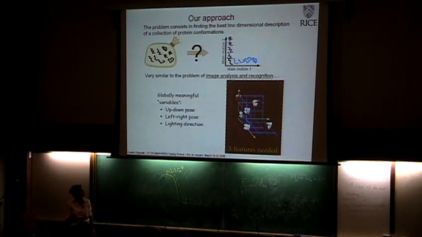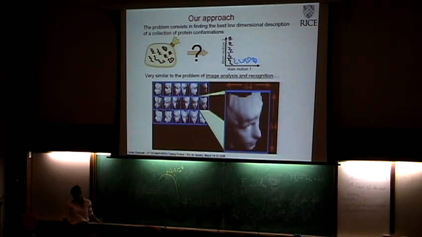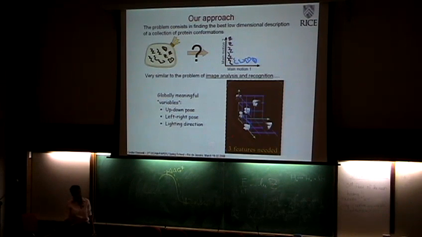If you could do it for this particular set of pictures, you could order all the pictures in the same space, that only changes in two parameters, the up-down pose and the left-right pose, and the lighting direction.